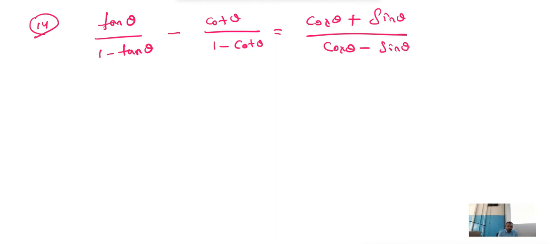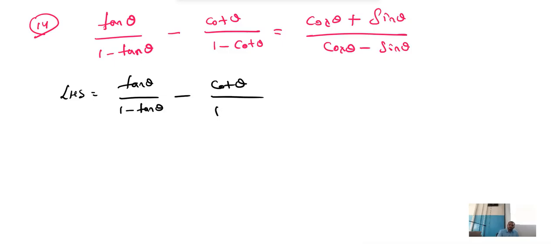Now here, what is LHS? Here LHS is tan theta by 1 minus tan theta, minus cot theta by 1 minus cot theta.